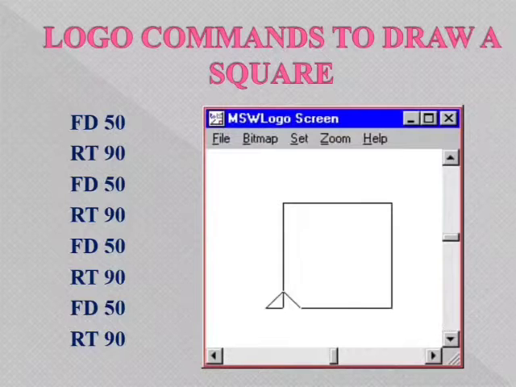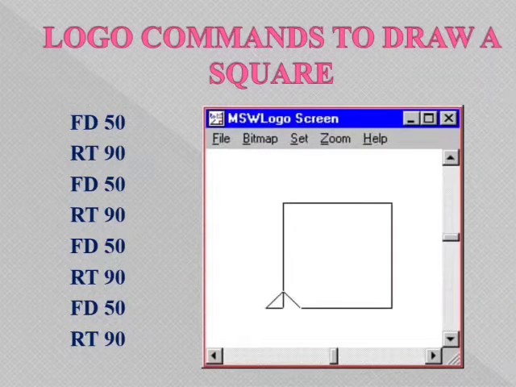Students, you have already learned to draw a square in standard 3rd. Do you remember what are the commands to draw a square? Let's see. FD 50. So, turtle will move 50 units in the forward direction. RT 90. Turtle turns in the clockwise direction by 90 units.